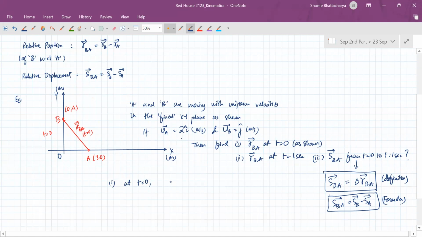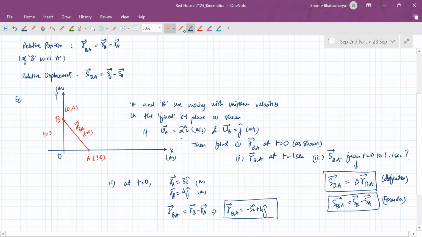If you want to write very specifically, you can write that position of A is 3 i cap, position of B is 4 j cap. So position of B with respect to A is the difference of these two vectors. Or you can directly just understand it from the diagram. You don't even need to write in so much detail. So it is minus 3 i cap plus 4 j cap.